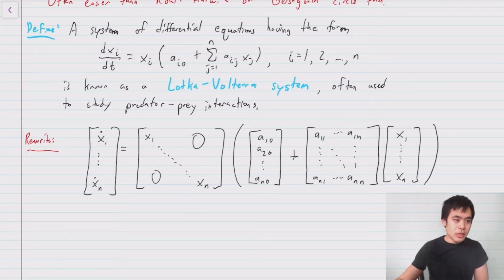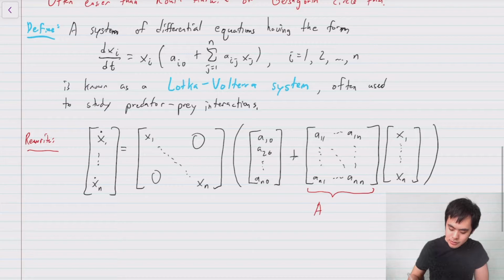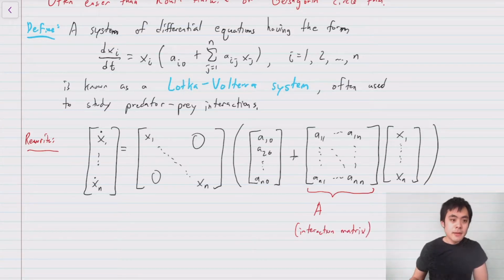I'm going to go ahead and call this matrix A, the interaction matrix, since this encodes the interactions between each of the various species. And of course, this is just x.